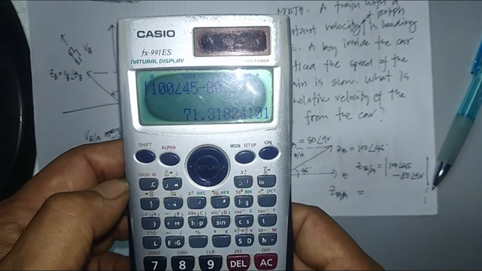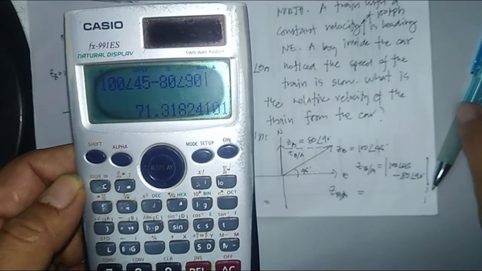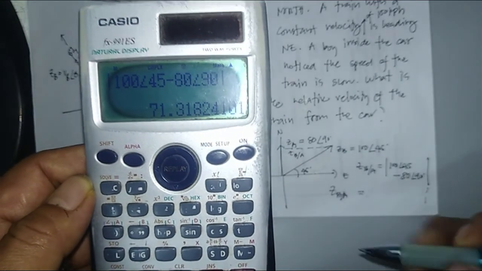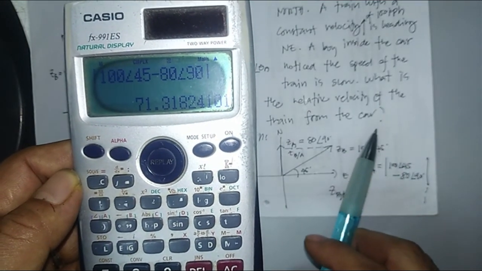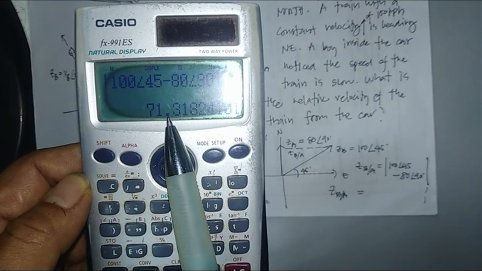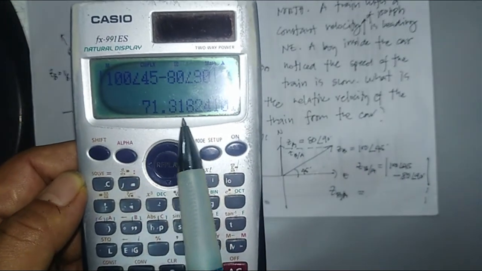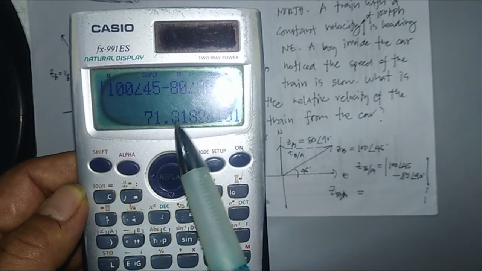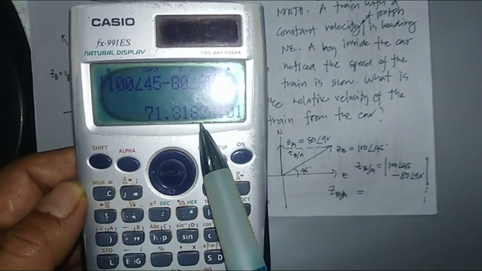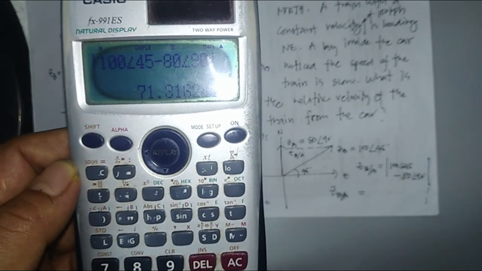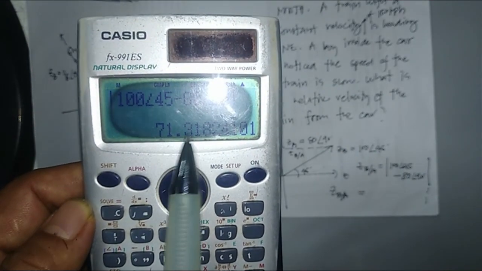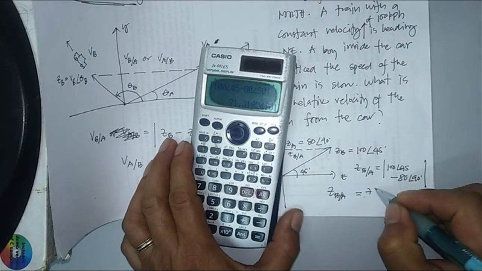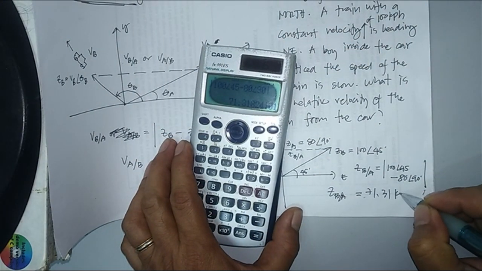So equals. Okay, this is the relative velocity, that is 71.32. So the relative velocity is actually slower, as now seen by the boy. That is why the boy noticed that the train is slow. Since the train is moving and also the car is moving, of course the relative velocity will become slower. That is 71.31 kilometers per hour.